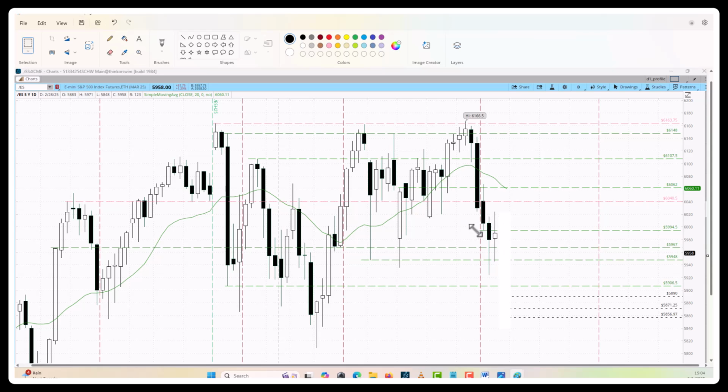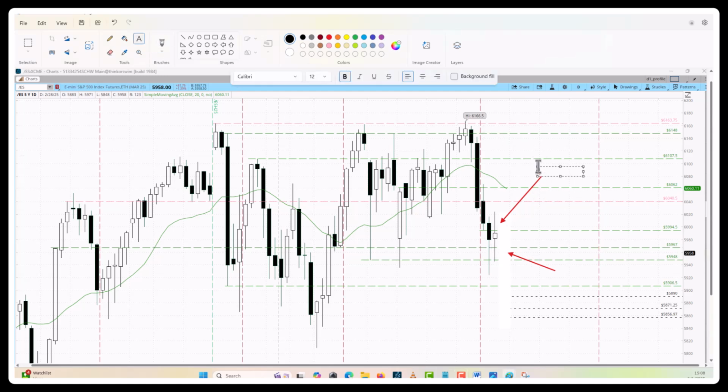It's not in the same week as the test from above right here. All right, here's our short setup on Thursday. Basically, we have a test from above. First, we have a test from above.